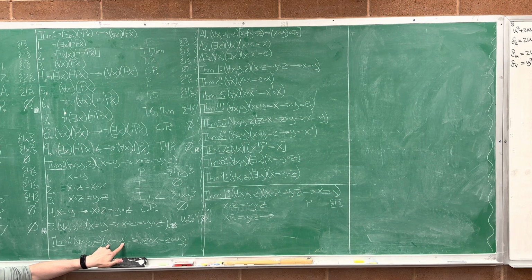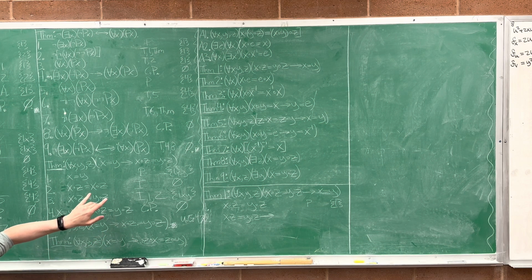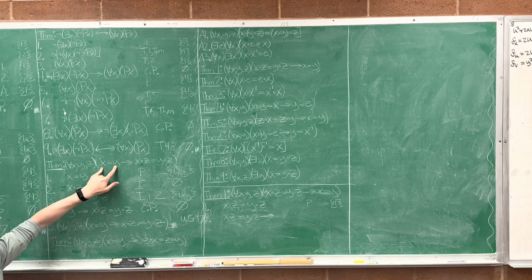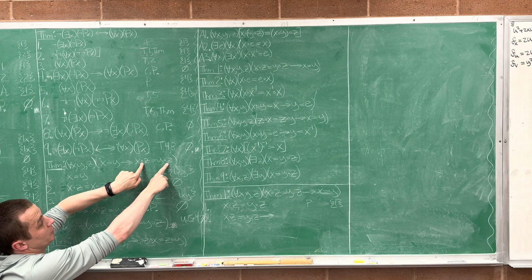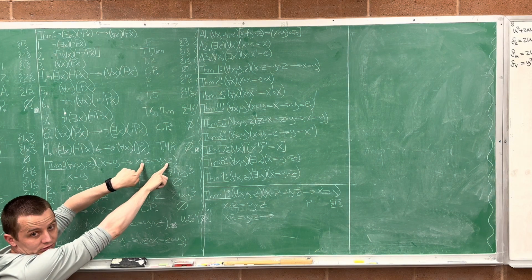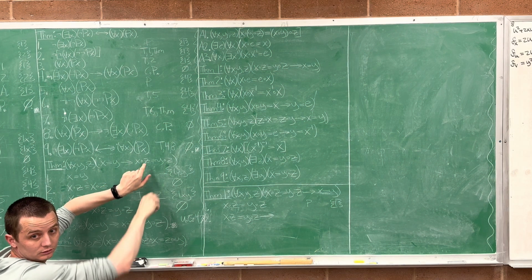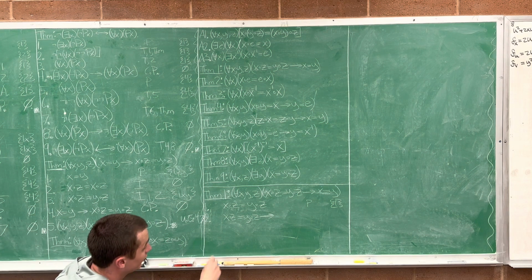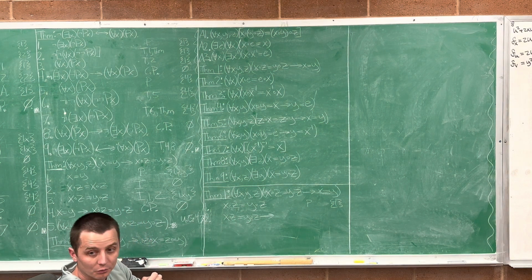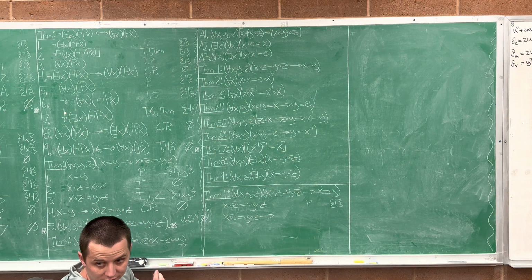If two things are equal, then I can compose both of them on the right-hand side with the same thing, and they're still equal.